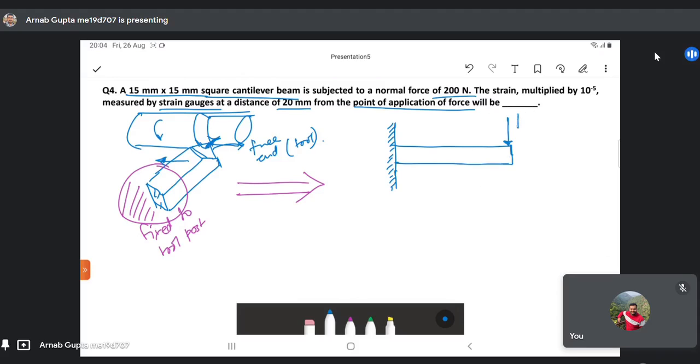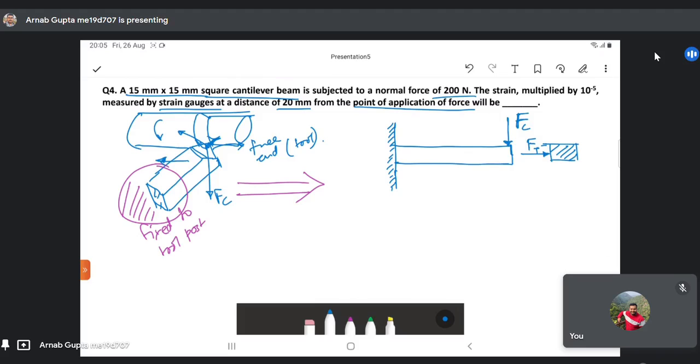You have a vertical force acting on the surface, and if you take a cross section, you also have another force acting in this direction, which is the transverse force. This was the cutting force, and another force in this direction, which is Fxy, as we had seen in the merchant circle diagram. This is a cutting force, this is a transverse force.